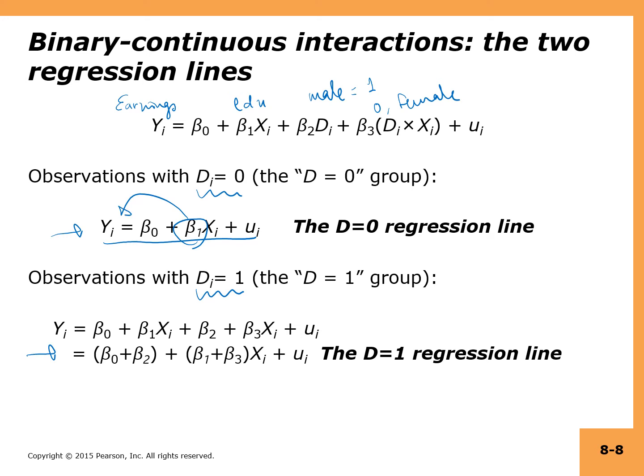When you plug in the dummy variable male is equal to 1, then you have another regression line, which effectively measures the effect of education on earnings for only males. So this model allows you to have different effects of education on earnings for male versus female.